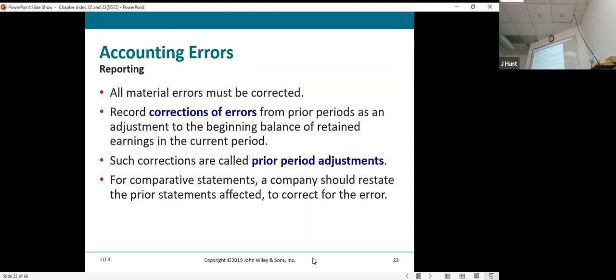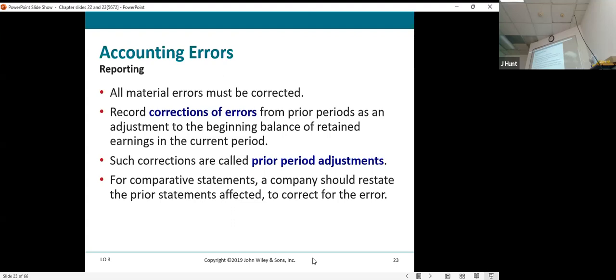Right. So all material, that's why I keep using that word, all material errors must be corrected. Notice must is not optional, it's not if you feel like it, they must be corrected. And if they are from prior periods, you have to adjust retained earnings in the current period.